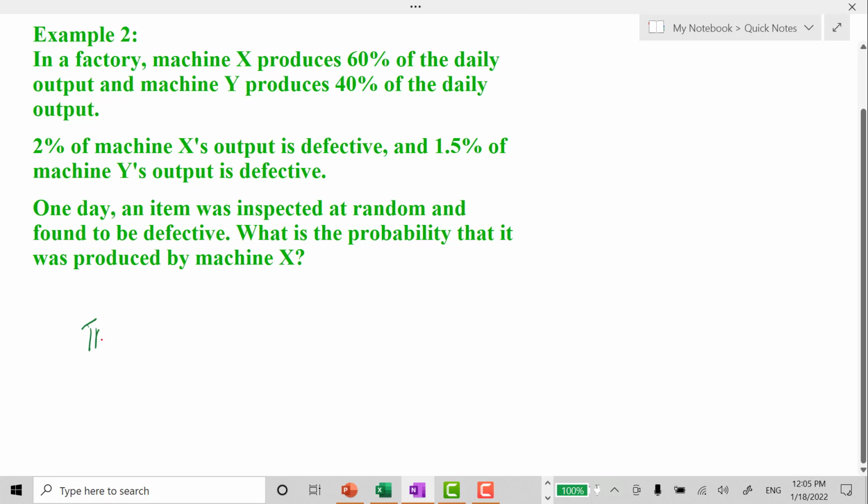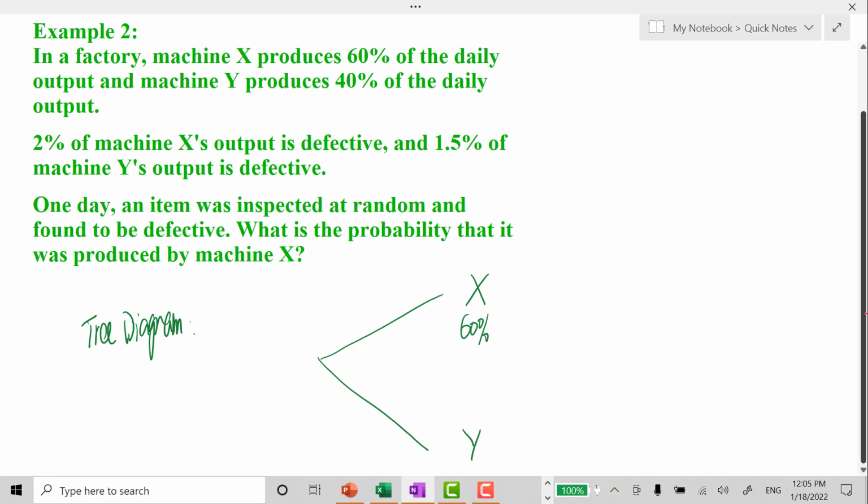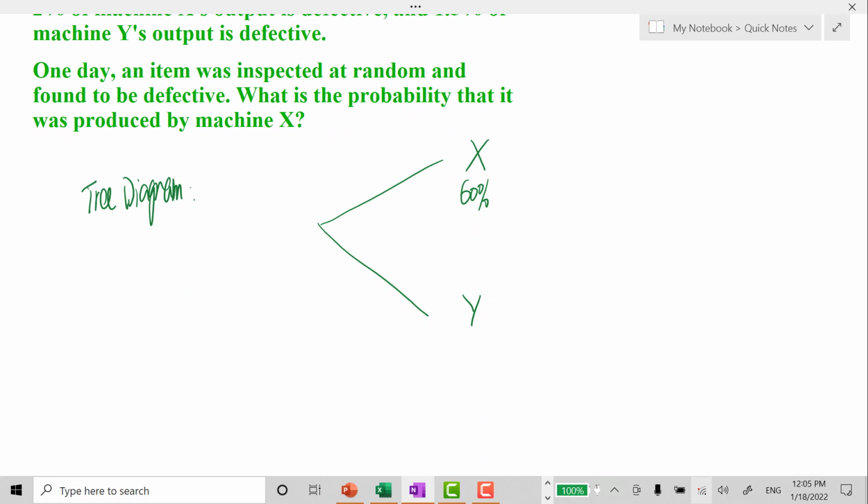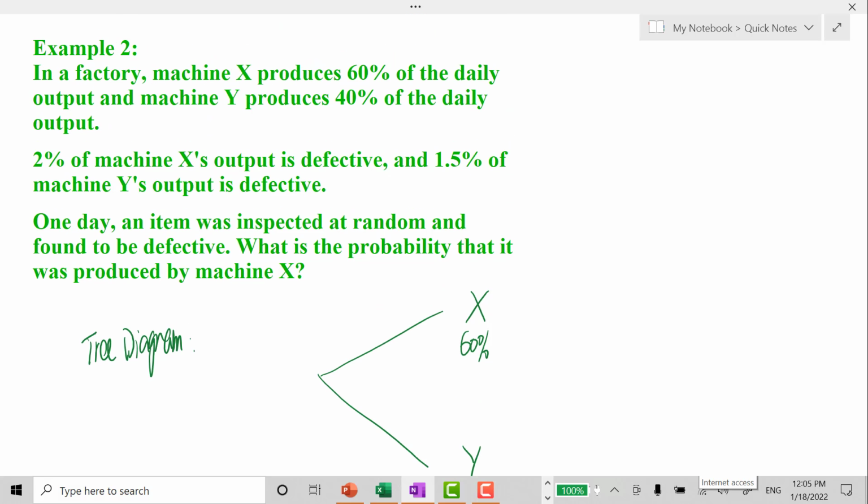Very useful tool to have. So we do have two machines, X or Y. Machine X produces 60% of outputs, and machine Y produces 40% of outputs. Remember, machine X produces good outputs and also bad outputs, good and defective.